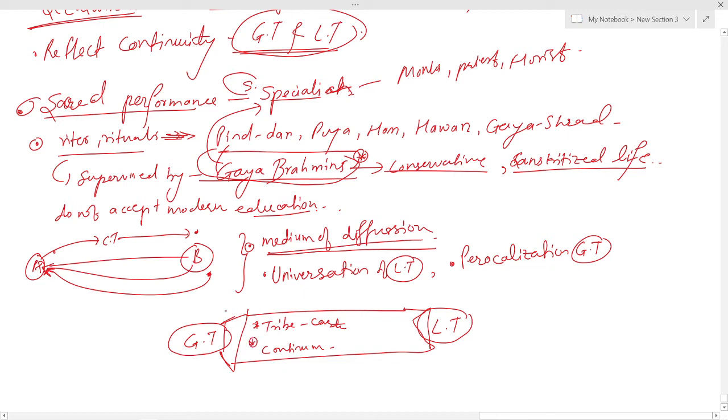If this is greater tradition and this is little tradition, anything that flows from greater tradition to little tradition will be parochialization, and anything from little tradition to greater tradition, we'll call it universalization.